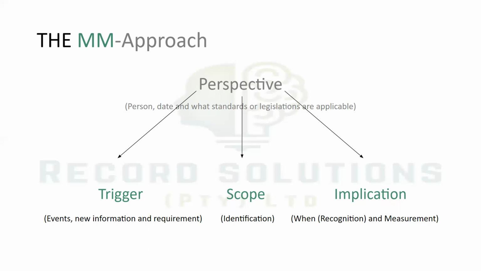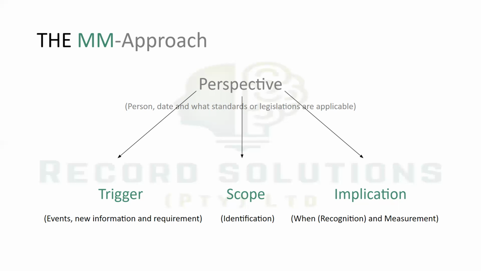After we know that, we have the standards, the various standards. The trigger is just giving you an idea of what standards apply, but the scope is going to give you assurance that this is the standard that's working. That's where you do the identification process for accounting.